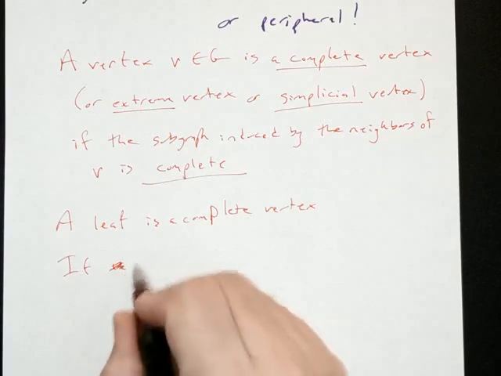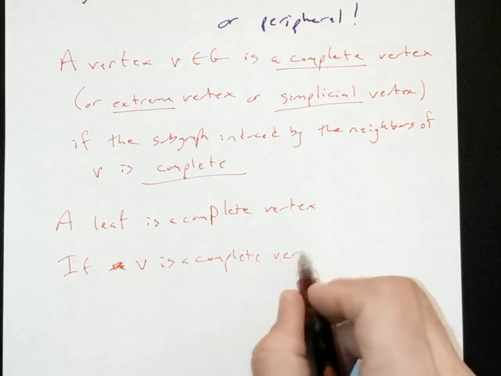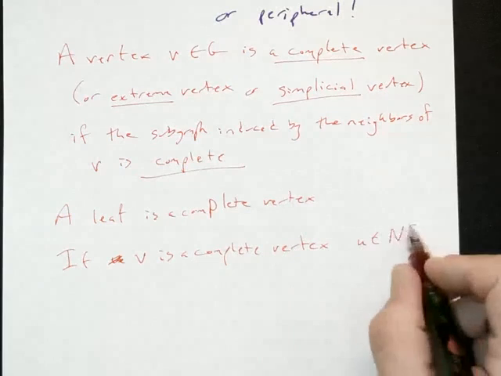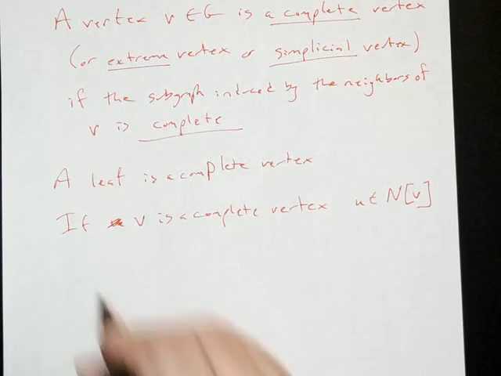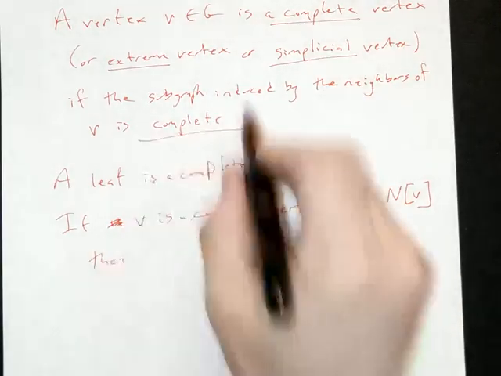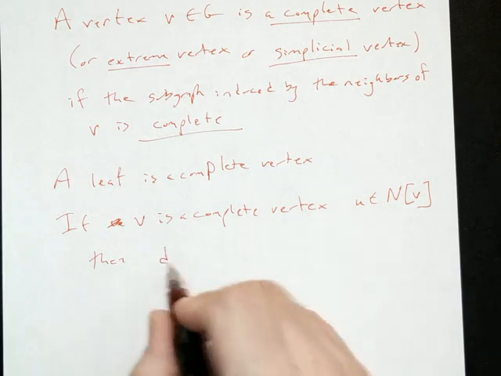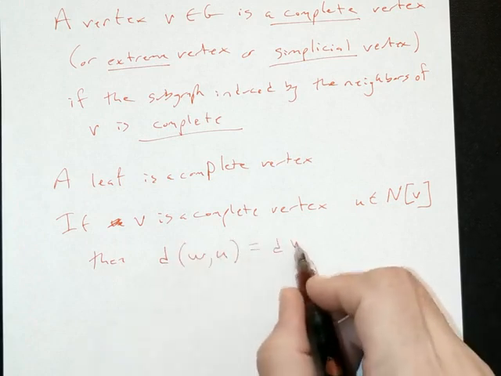So let's suppose we have a complete vertex, V, and we pick an element of its neighborhood. By the fact that that neighborhood is a complete graph, the distance from W to U equals the distance from W to V equals 1 for every W in the neighborhood.